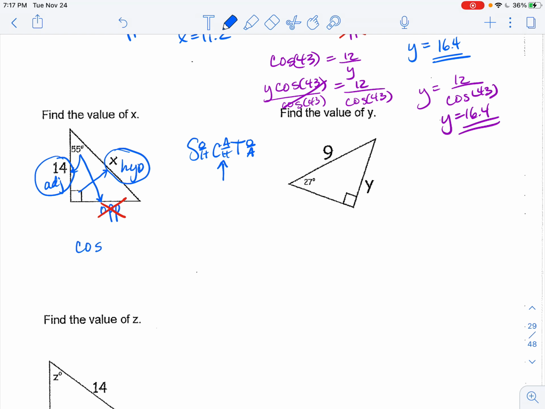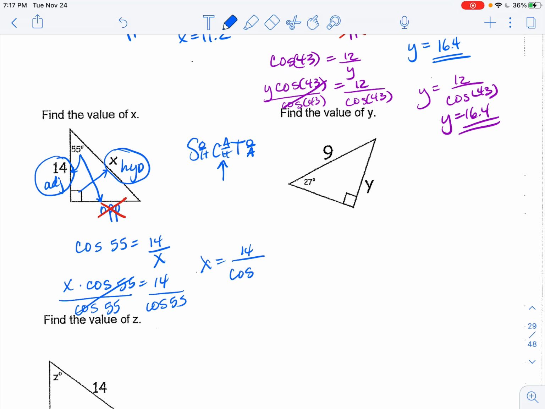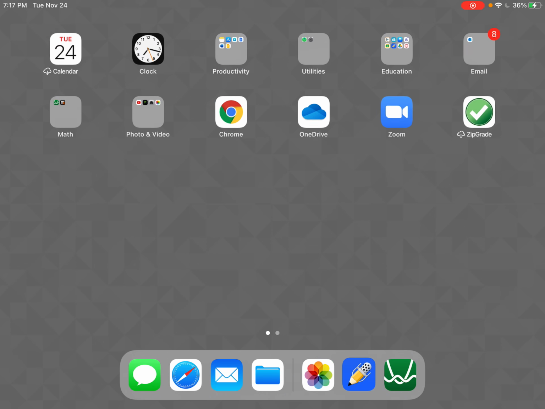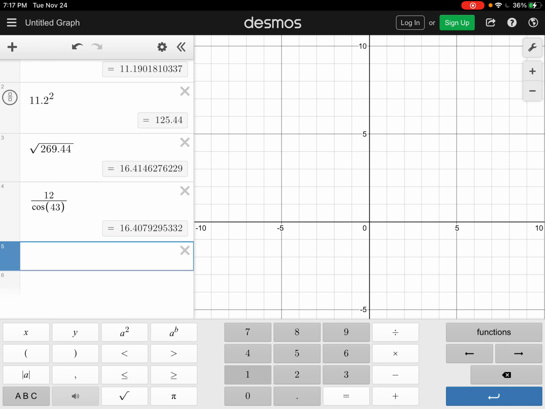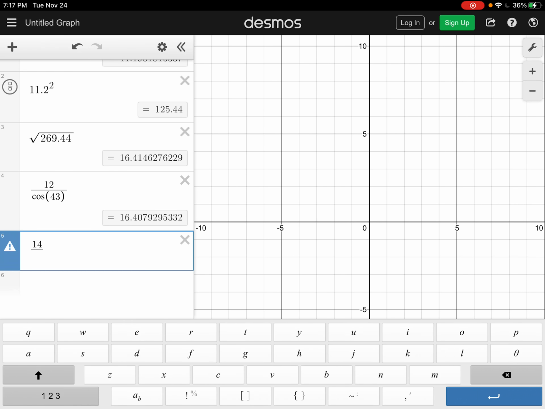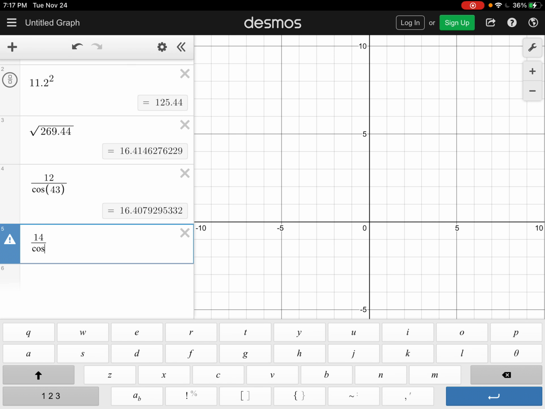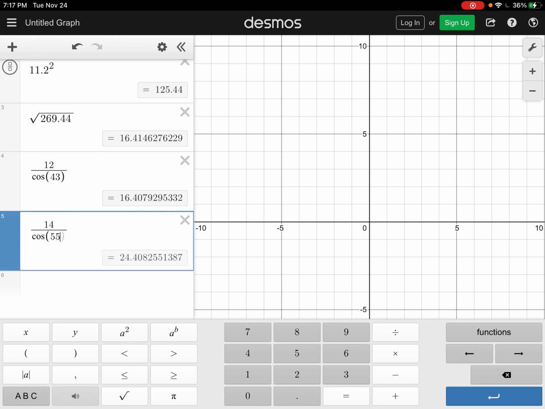So this is cosine of the angle is equal to adjacent over hypotenuse. Solve for x by multiplying both sides by x and divide by cosine 55. And x is equal to 14 divided by cosine 55. 14 divided by cos, open parentheses, 55, and we have 24.4.